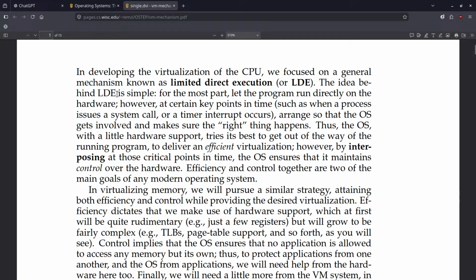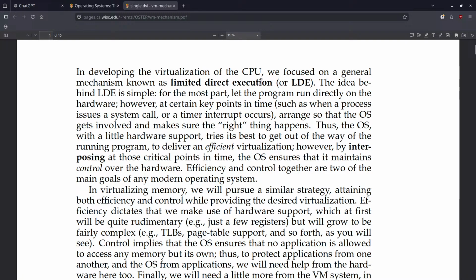The idea behind LDE is simple. For the most part, let the program run directly on the hardware. However, at certain key points in time, such as when a process issues a system call or a timer interrupt occurs, arrange so that the operating system gets involved and makes sure the right thing happens.